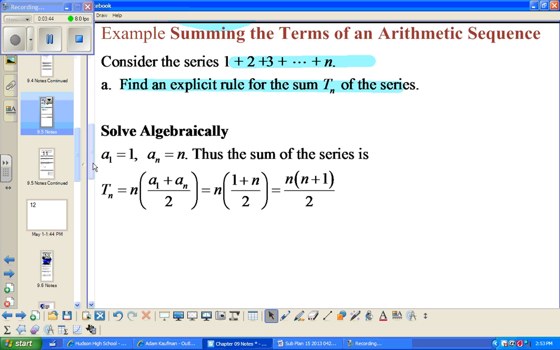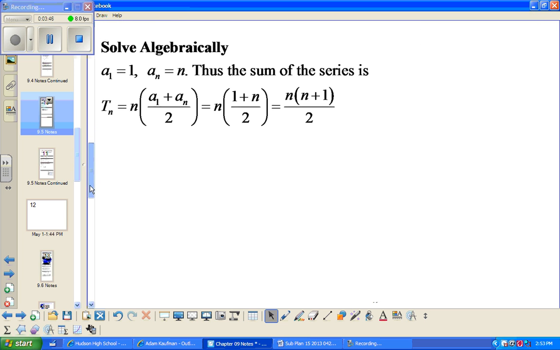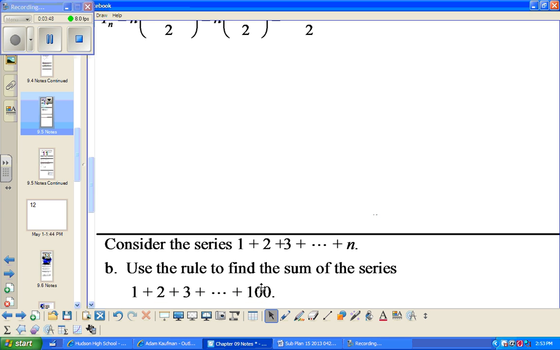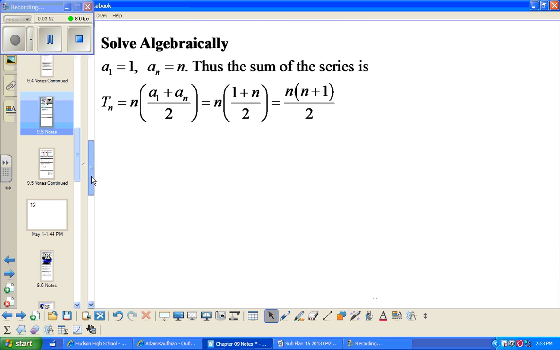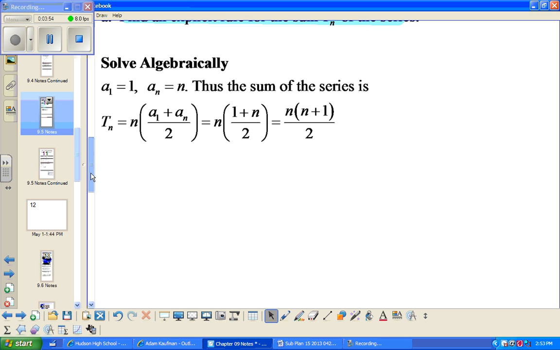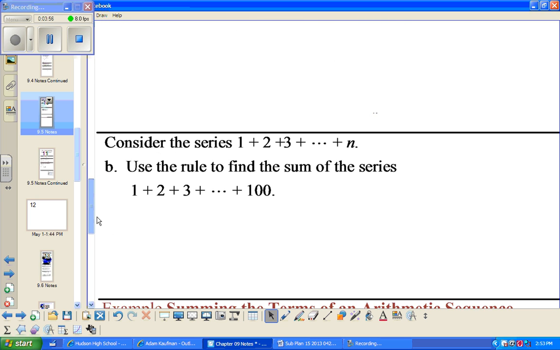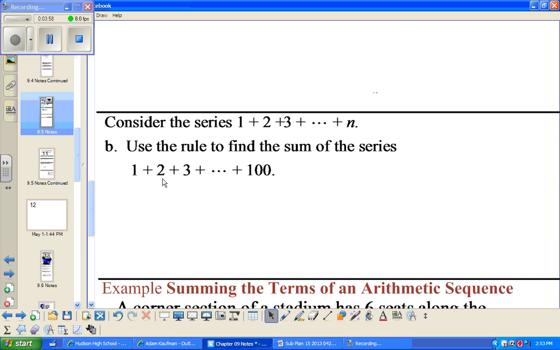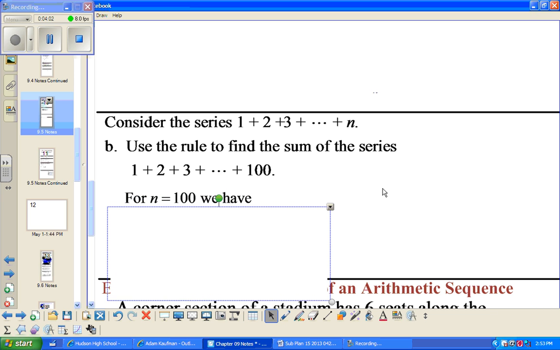Now, consider that nth term being 100. So the same case. Now, use the rules to find the sum of the series from 1 to 100. Well, to do that, you're going to use n equals 100.